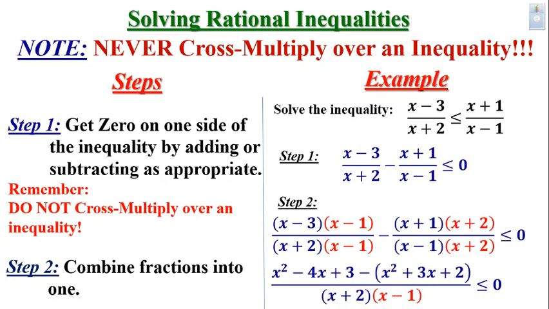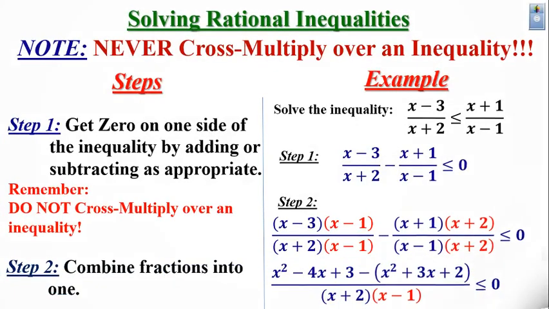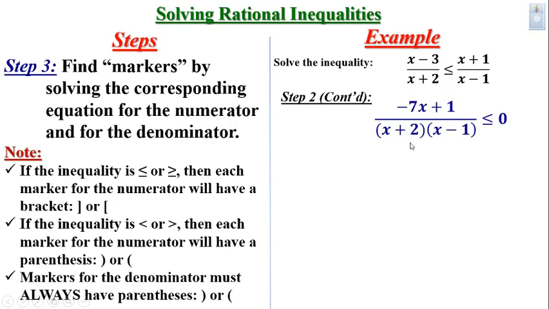So my solution then continues on the next slide. When I combine those two, the numerator, I get -7x + 1, and the denominator I will leave without distributing, because it's going to be easier to solve.